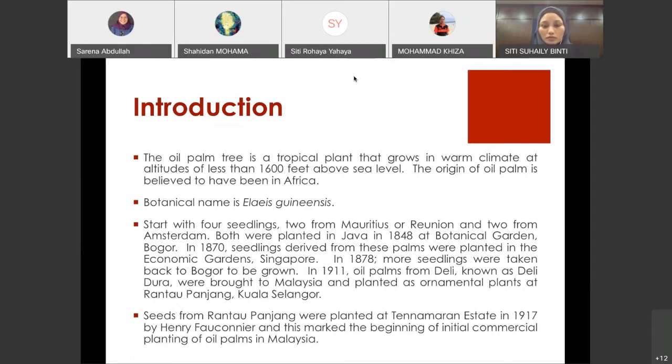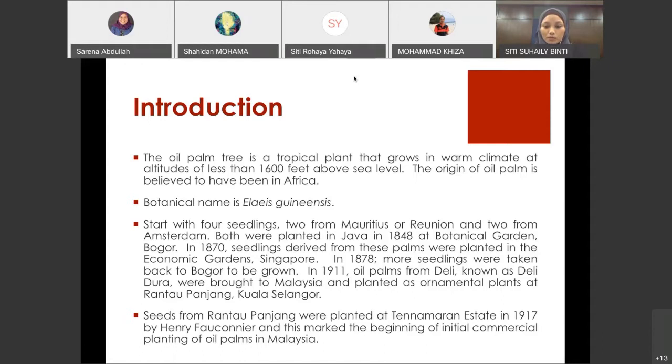This marks the beginnings of oil palm in Malaysia. Seeds from Rantau Panjang were planted at Tennamaram Estate in 1917 by Henry Fauconnier, and this marked the beginning of initial commercial planting of oil palm in Malaysia.